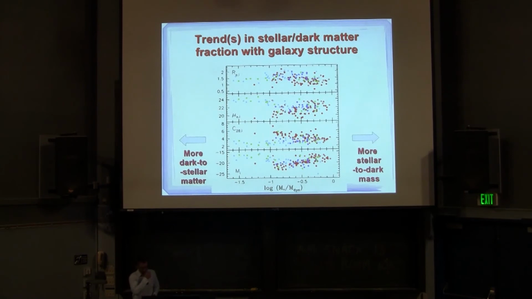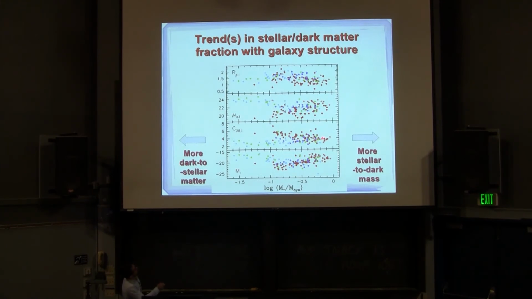Okay, last bit of results is what sets the position of a galaxy within that plane of stellar versus dynamical mass. Here we're plotting the ratio of M star over M dynamical versus various structural parameters from the SHIVer survey. And what I'd like to draw your attention to is the panel on concentration.